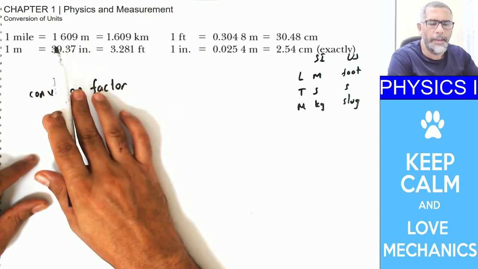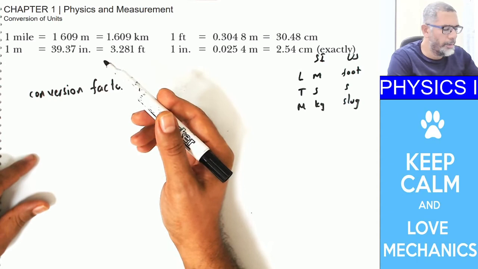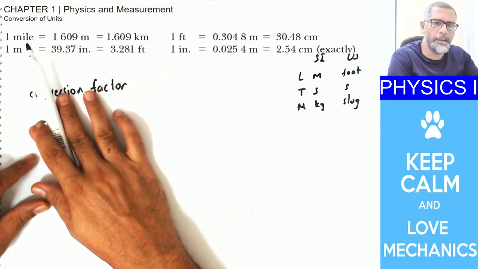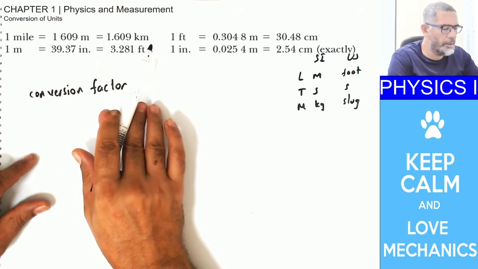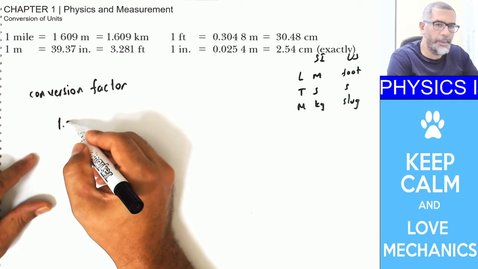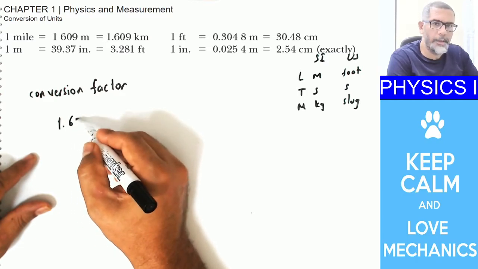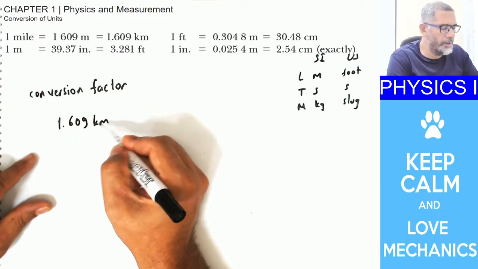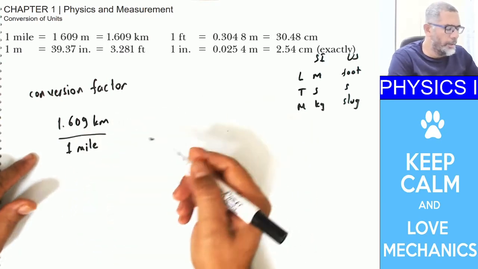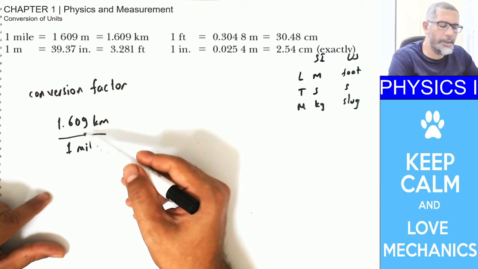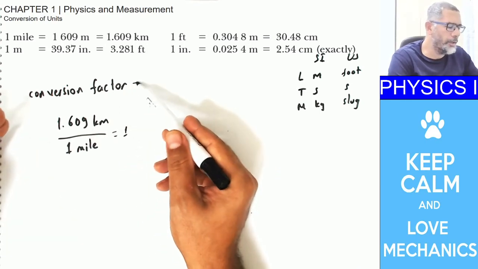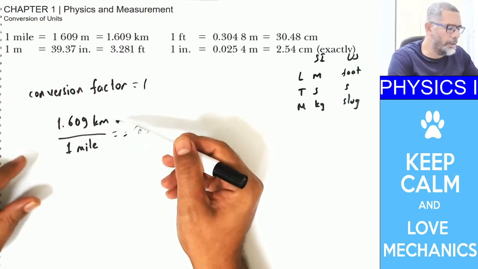For example, if you want to convert some miles into kilometers, your conversion factor is going to be 1.609 kilometers divided by 1 mile. In fact, this ratio is nothing but equivalent to 1. All conversion factors are equal to 1.